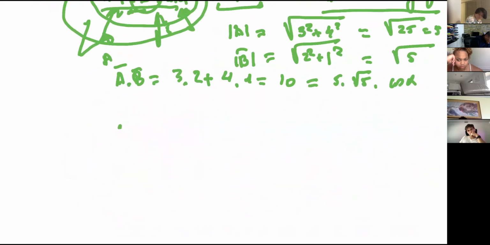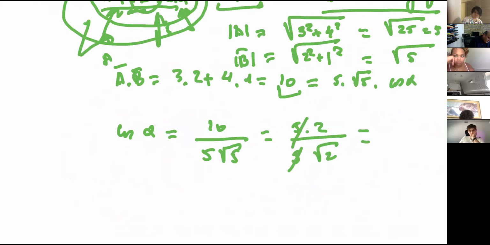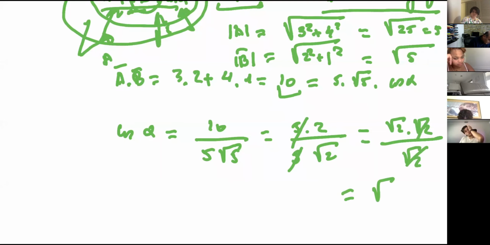Cosine of alpha will be equal to 10 divided by 5 square root of 5, equals 5 by 2 divided by 5 square root of 5, equals square root of 2. Cannot be. There is something wrong.